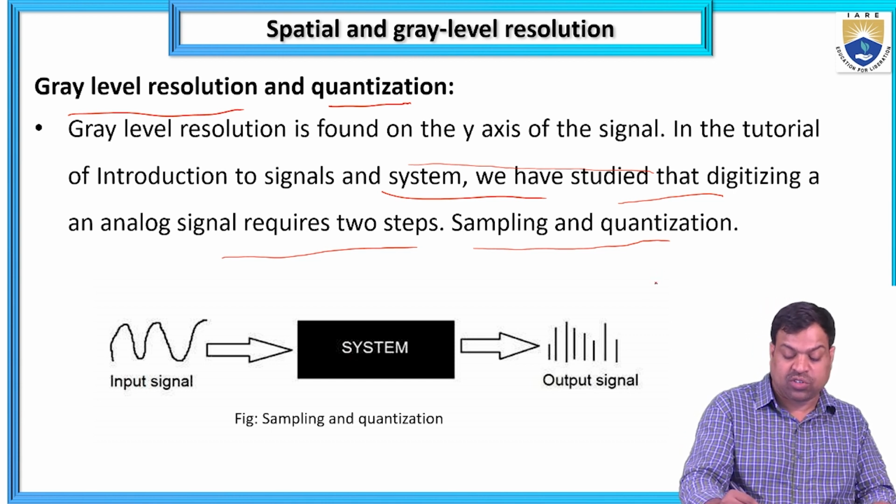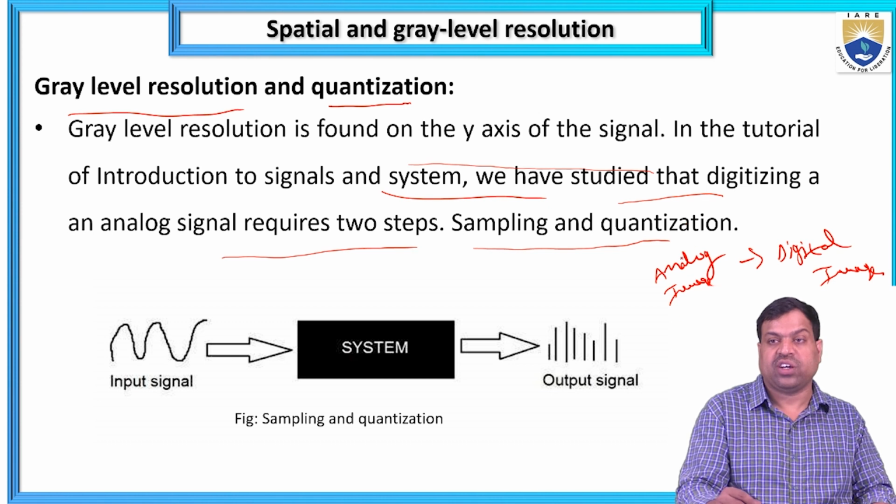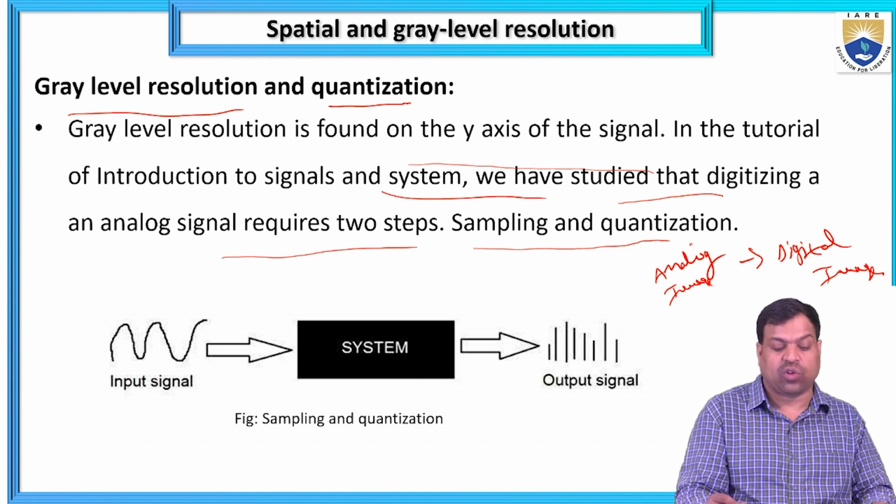Suppose I am converting an analog image into a digital image. If I want to convert analog to digital, I need the sampling and quantization process.